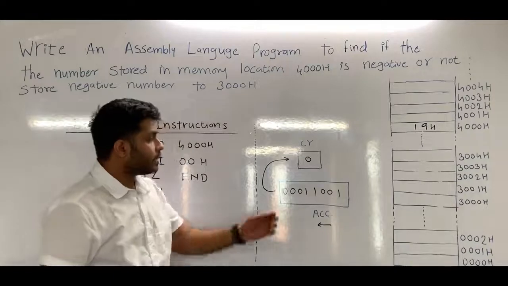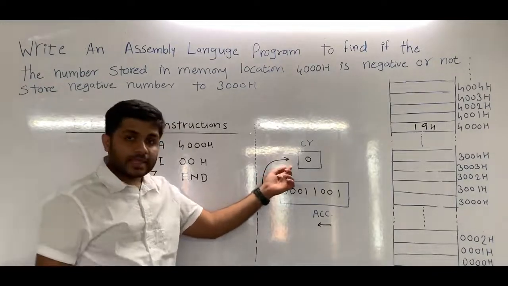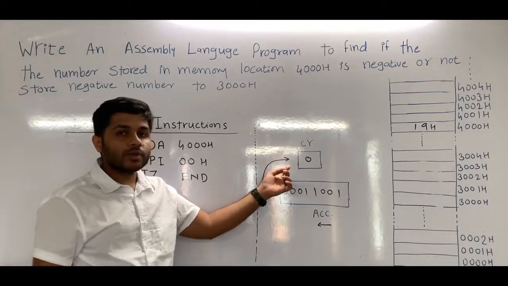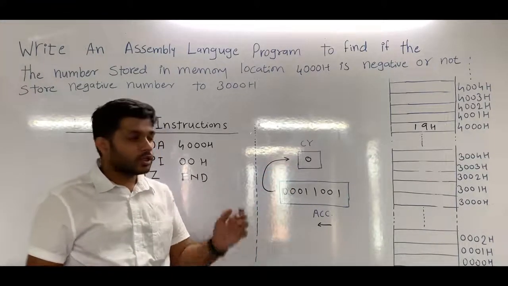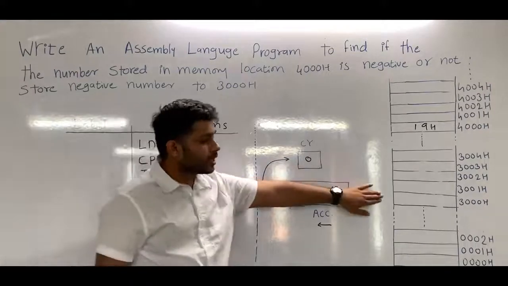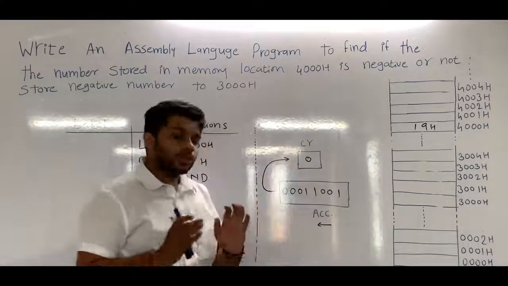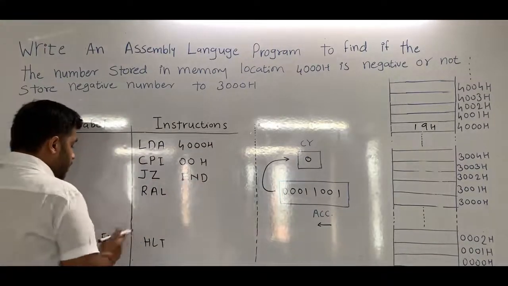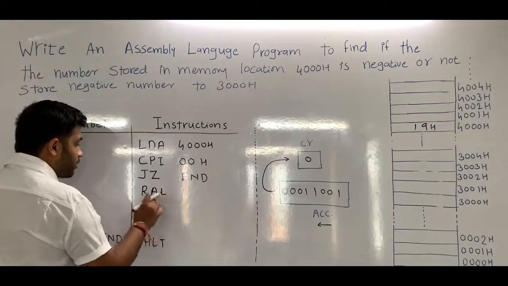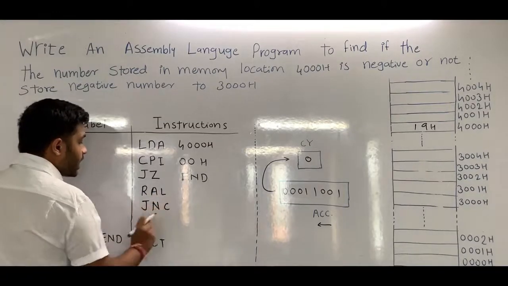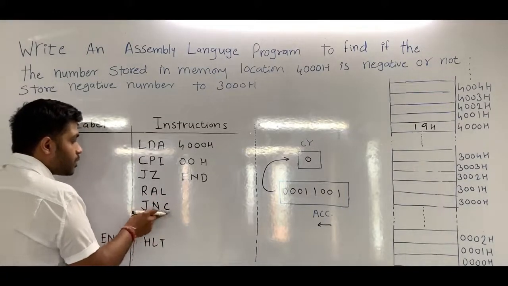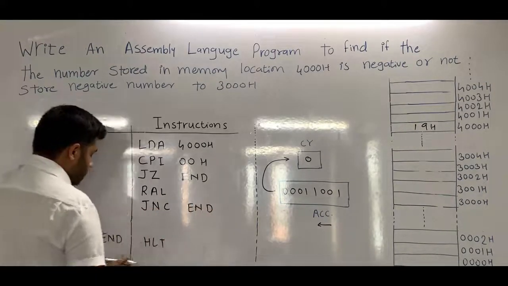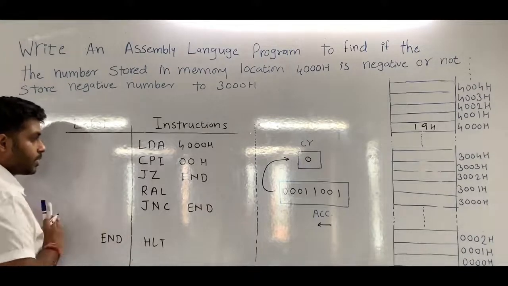Now you tell me, when the value of the carry flag is 0, what are we going to do? We will end our program, because we have to transfer the data to 3000H only when the number is negative. So when the number is positive, when the carry is not set, we will use the instruction JNC END. So we will jump to end, and the program ends.